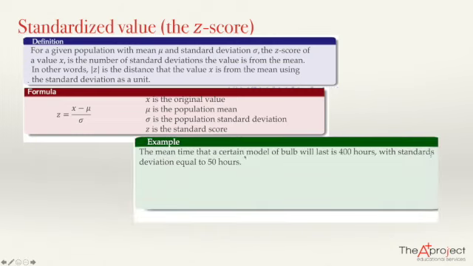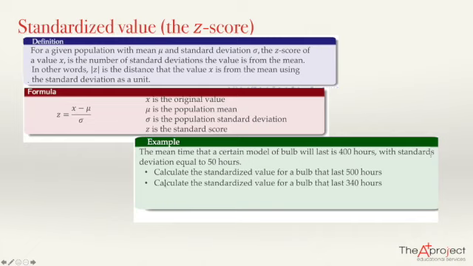The mean time that a certain model of bulb will last is 400 hours, with standard deviation equal to 50 hours. With this information, let's answer the following questions. Calculate the standardized value for a bulb that lasts 500 hours. Compute the standardized value for a bulb that lasts 340 hours.